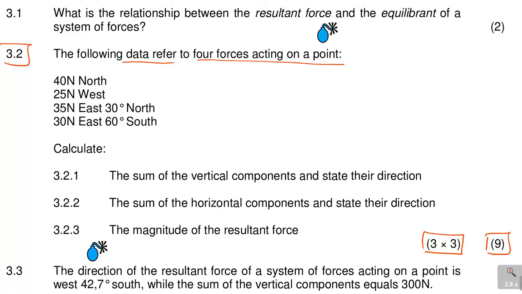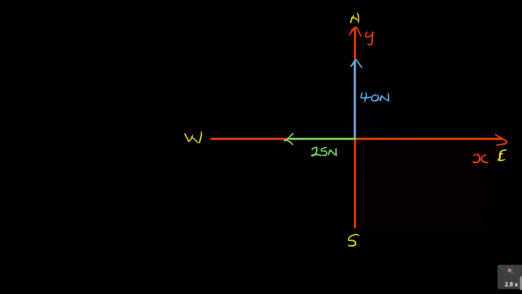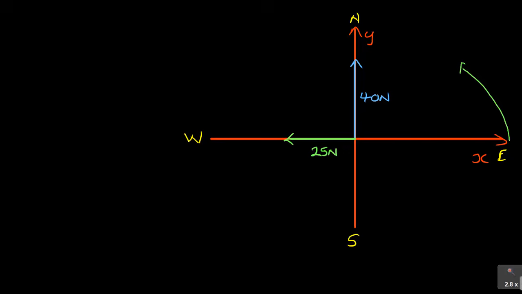And then the next one is 35 newtons east, 30 degrees north. So the size is 35 newtons, but it's east 30 degrees north, where you start from east, moving in this direction to the north.